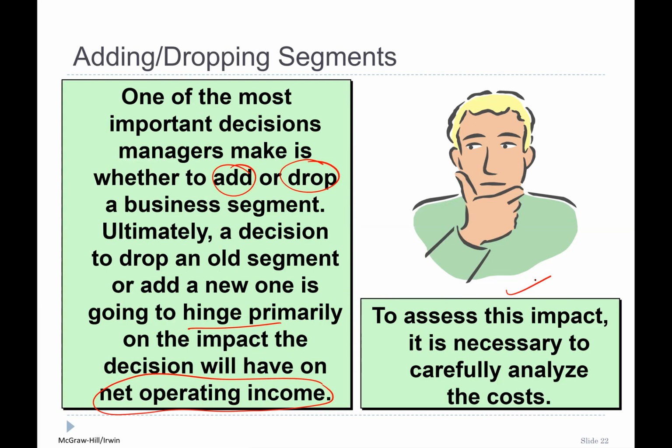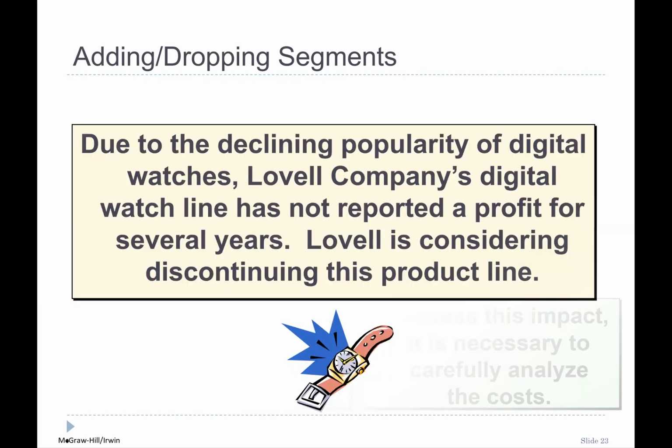So let's analyze this carefully. We have a scenario here: due to a declining popularity of digital watches, Lowell Company's digital watch line has not reported a profit for several years. So Lowell is considering discontinuing this product line.